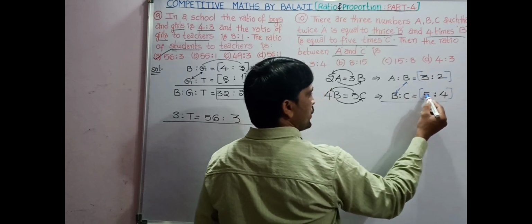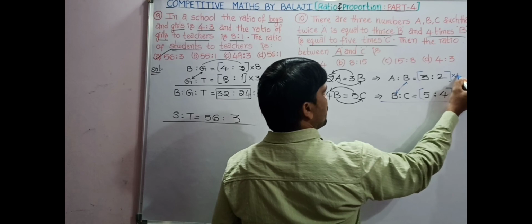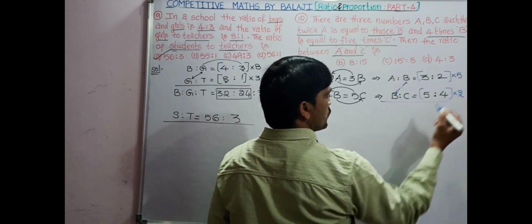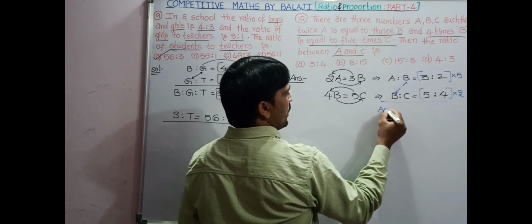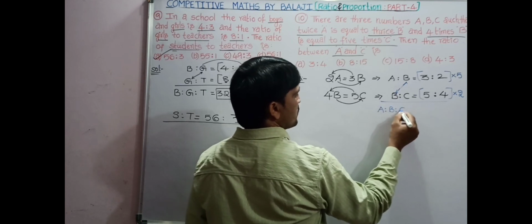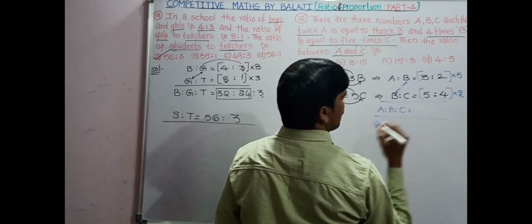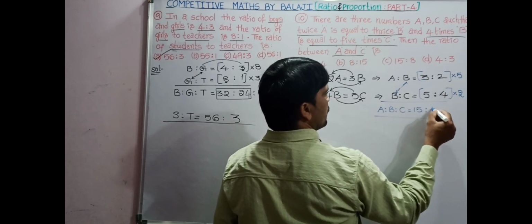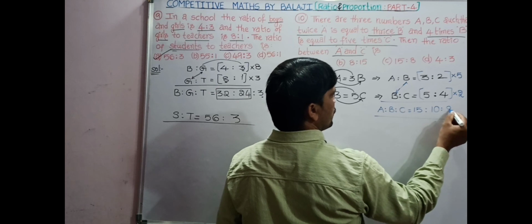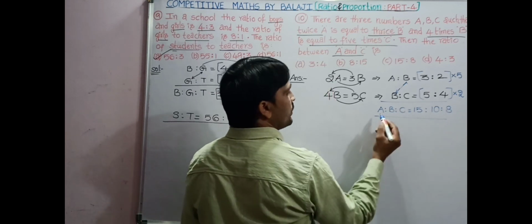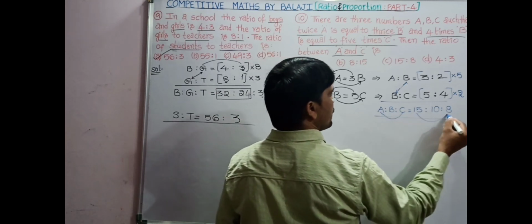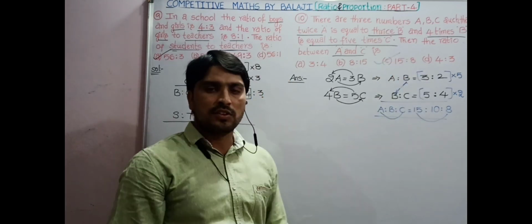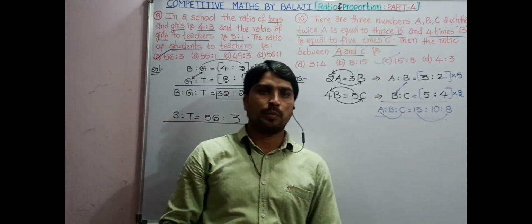The LCM of 2 and 5 is 10. To make it 10, multiply the first ratio by 5 and the second ratio by 2. That is, A is to B is to C equal to 5 3s are 15 is to 5 2s are 10 is to 4 2s are 8. But we have to find the ratio between A and C, that is 15 is to 8. The answer is C. Okay, this completes part 4 of ratio and proportion.